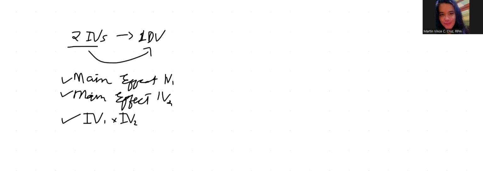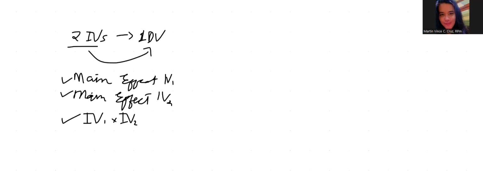So meaning to say, the levels identified in independent variable 1 have yielded significant differences on the behavior or the dependent variable. Next, the varying levels of independent variable 2 produce changes in the identified dependent variable.